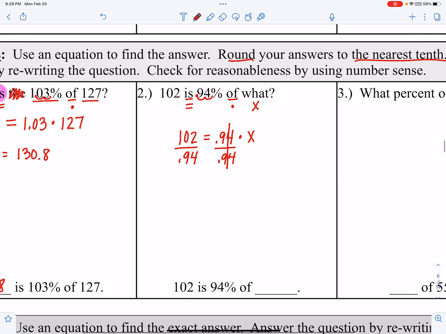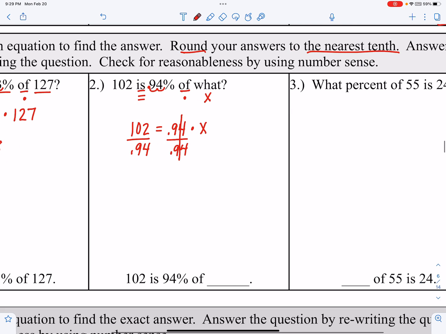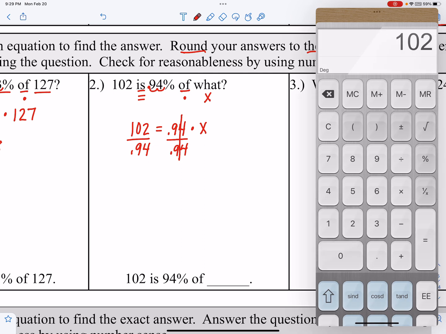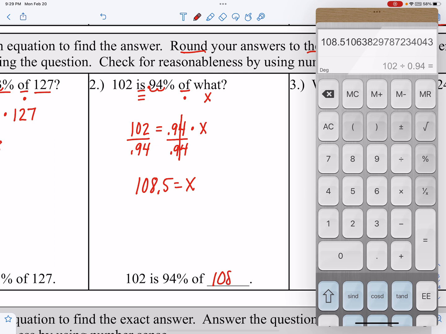That leaves us with a division problem of 102 divided by 0.94, and we end up with a very long decimal, but we're just rounding to the tenths place, so we have 108.5 equals x. And that makes sense that 102 would be 94% of 108.5 because 94 is pretty close to 100%.